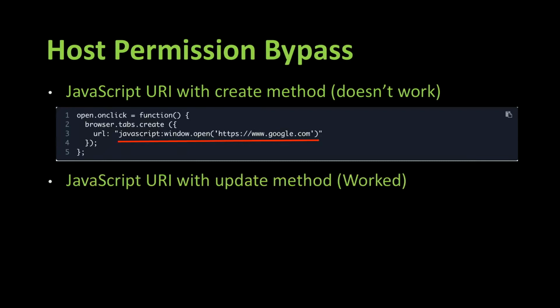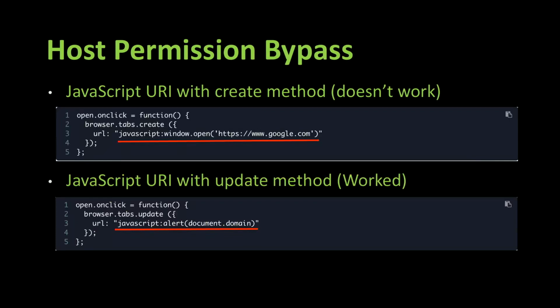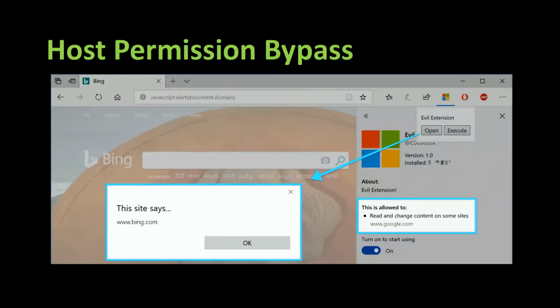But again, we have a friend called the update method, and I tried the same thing with a JavaScript URI that points to browser.tabs.update, which calls javascript:alert(document.domain), and it worked for me this time. You can figure out from this picture that this extension should only be able to run on google.com, and now we are on bing.com, and if you click on the open button, we have JavaScript code execution on bing.com.